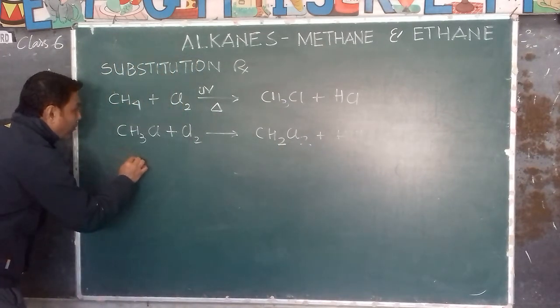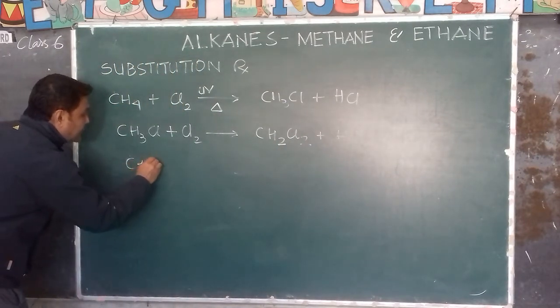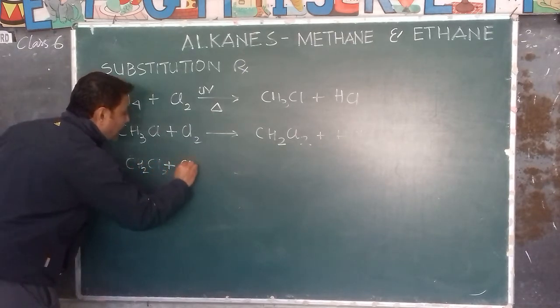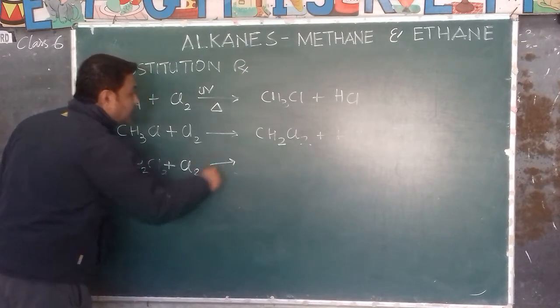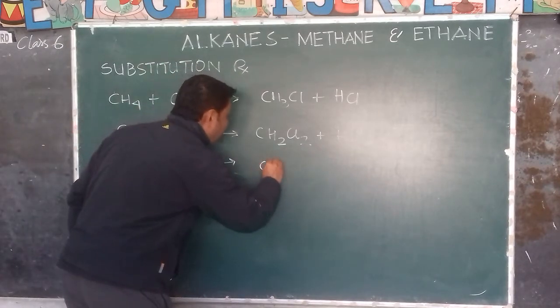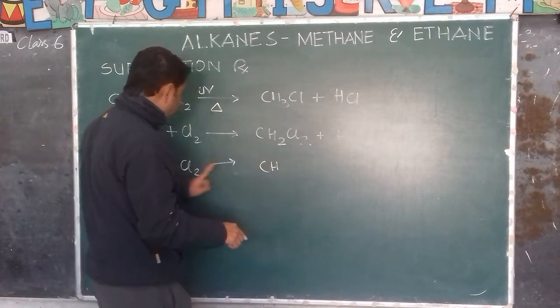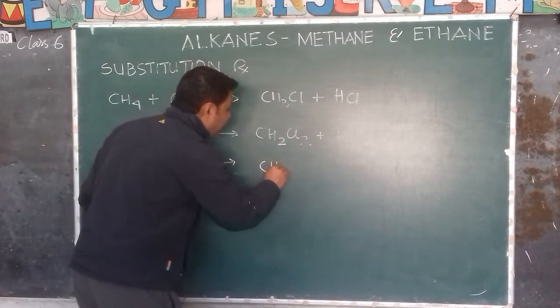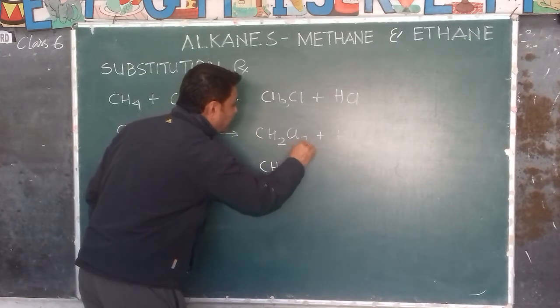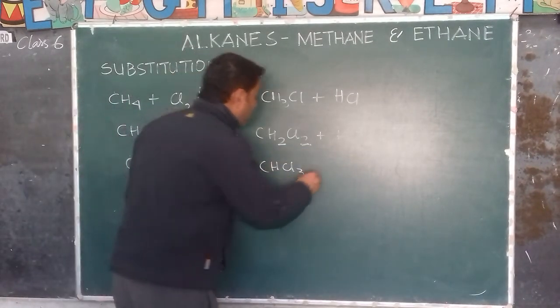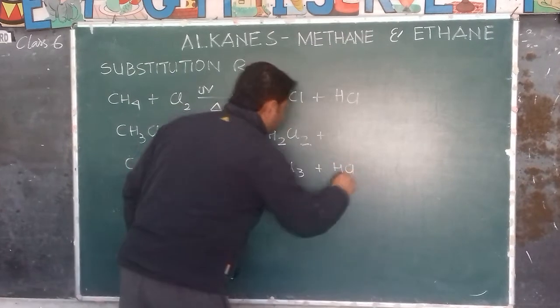Similarly, dichloromethane CH2Cl2 further reacts with chlorine. One hydrogen less, so out of 2 only one will be substituted with chlorine, so you will get CHCl3, with one more chlorine. This is chloroform plus HCl.